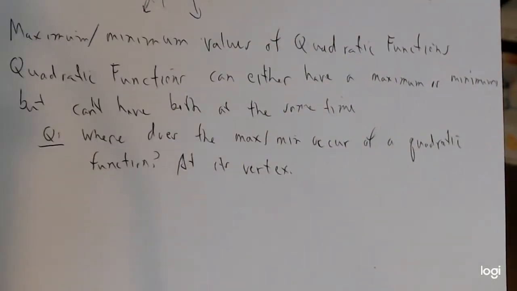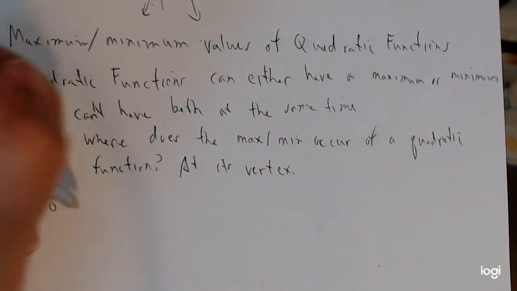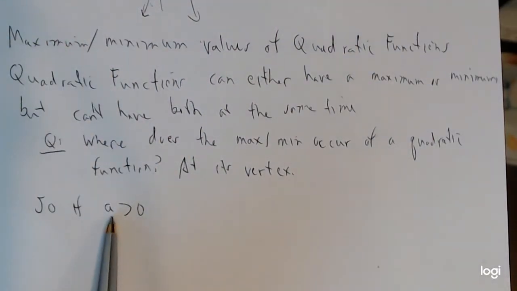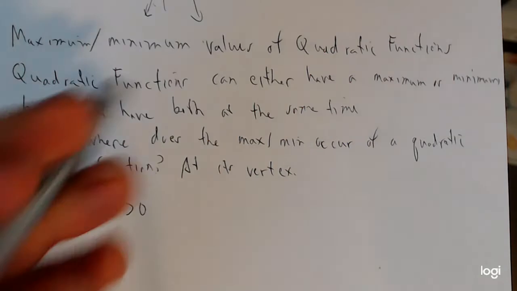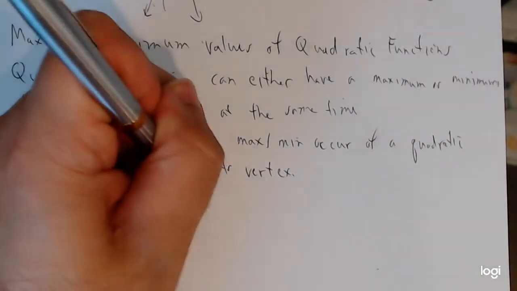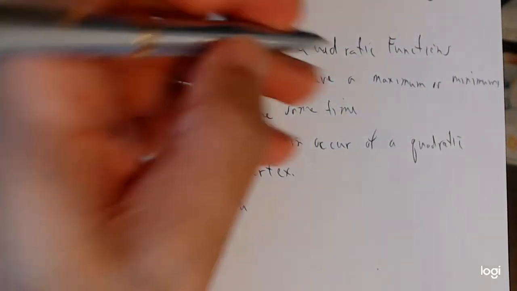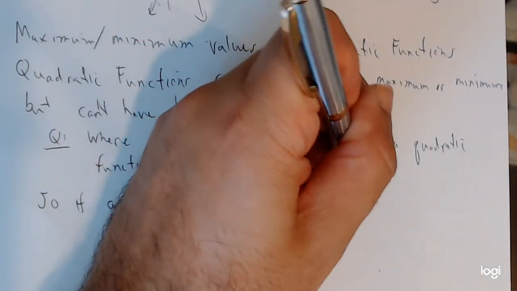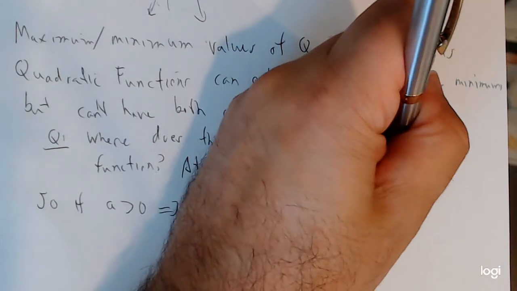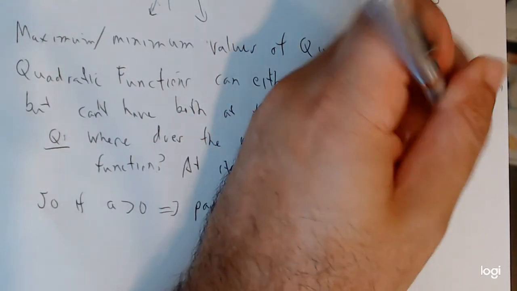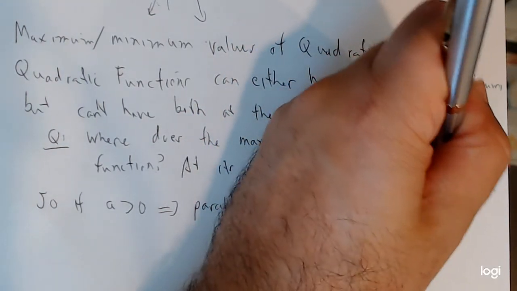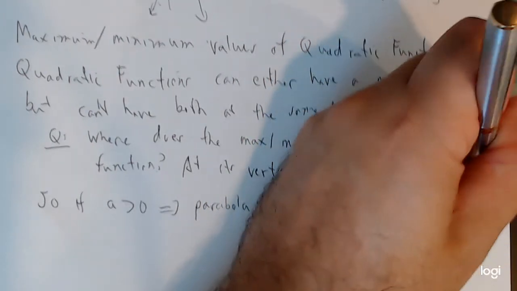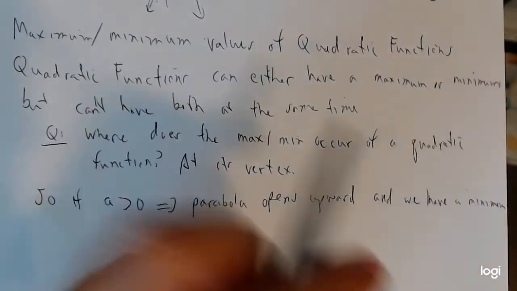So then we could be even more specific. If a is greater than 0, if you remember, this is the a we were talking about earlier, what does that mean? This implies the parabola opens upward and we have a minimum at its vertex.